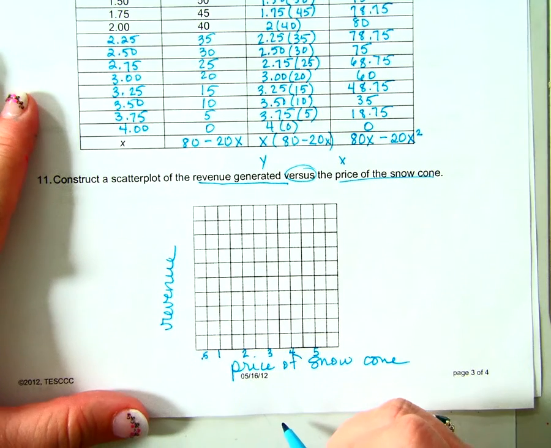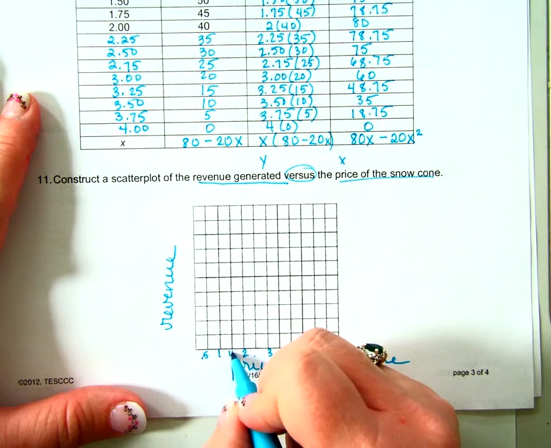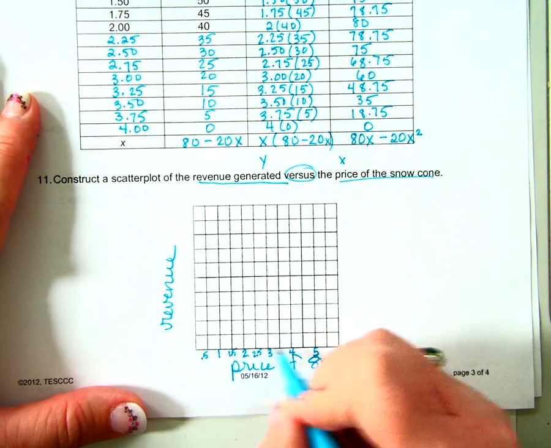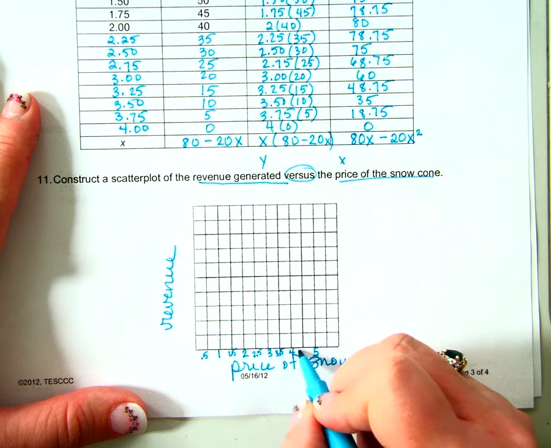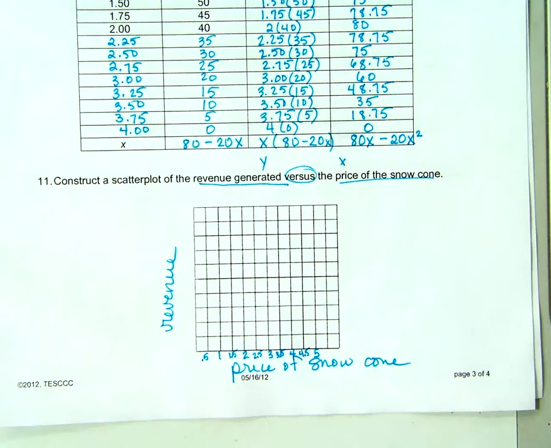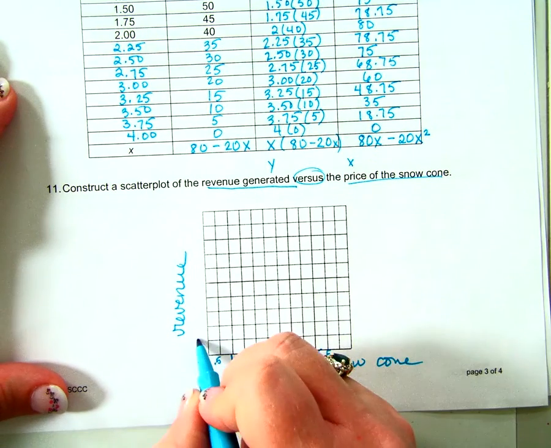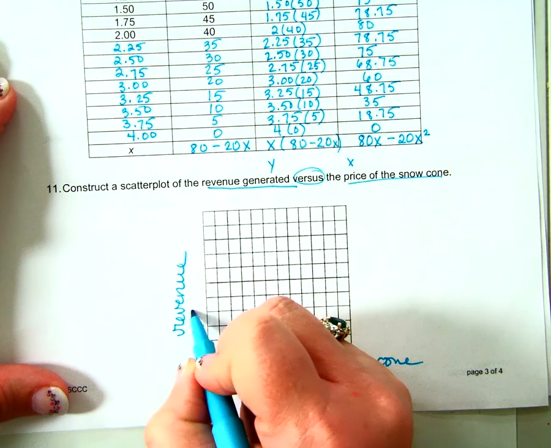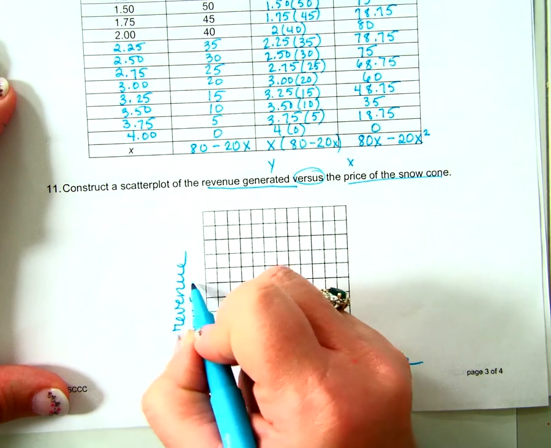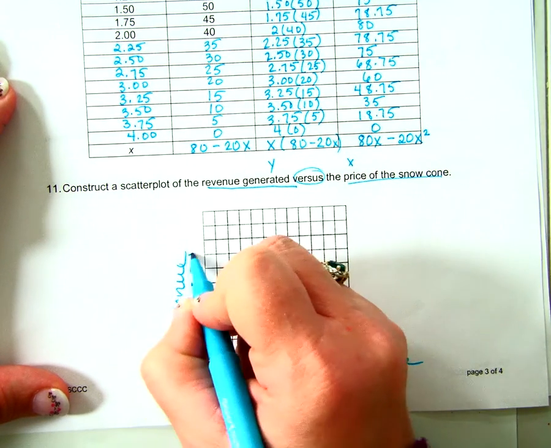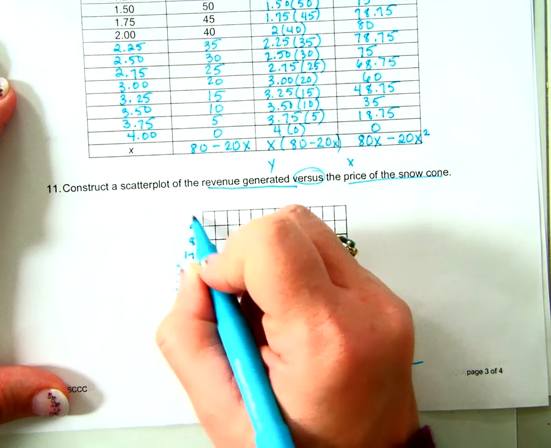Can I if I want to? Okay. How am I going to scale my revenue axis? Where does it have to be able to go? To 80? So how did you say you wanted to scale it? Tens? 10, 20, 30, 40, 50, 60, 70, 80, 90, 100.